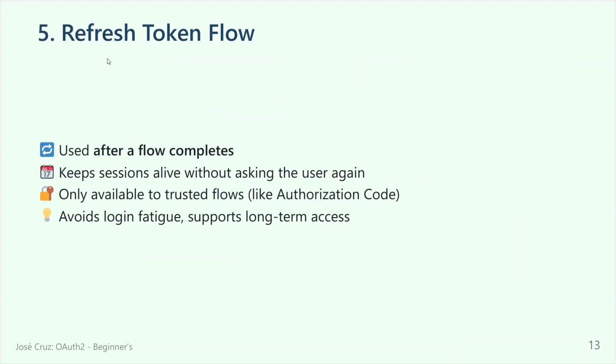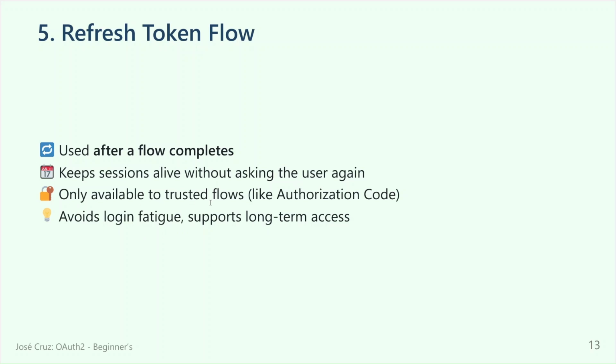The fifth one is not a flow, but it's something to remember. Usually when you receive these access tokens, you also receive a refresh token that you can use to continue to receive tokens after they expire. So it's used after a flow completes. It keeps sessions alive without asking the user again, because some of the flows need some intervention of the user. In this way, when the token expires, you can use the refresh token and you receive a new token.